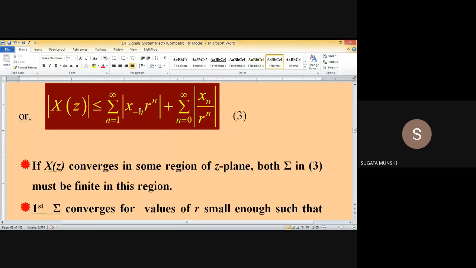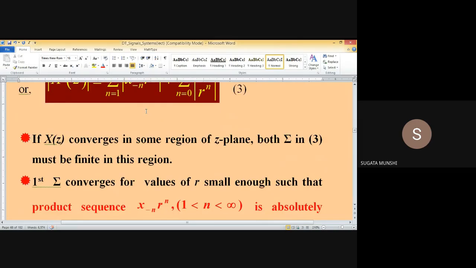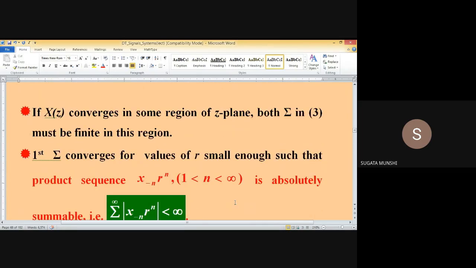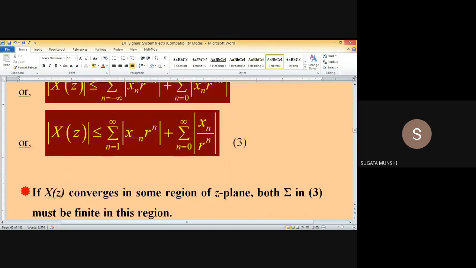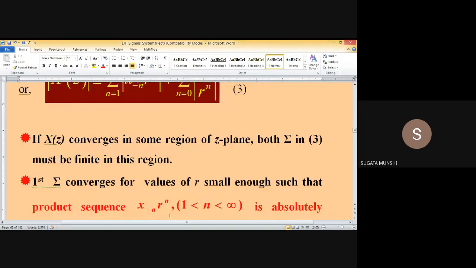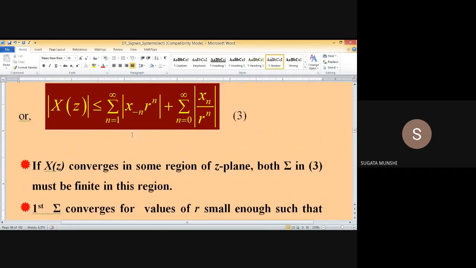Where will this first summation converge? It will converge for values of small r, small enough so that x[-n] r to the power n, for n from 1 to infinity, is absolutely summable. That is the condition for convergence of this first term.